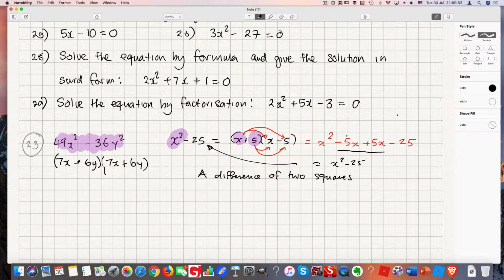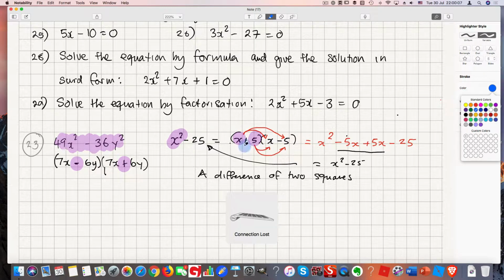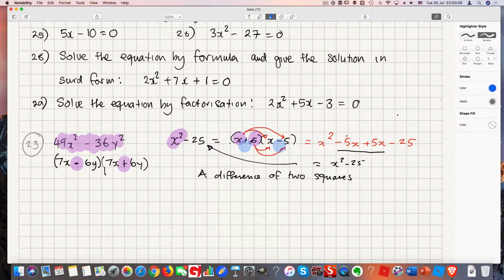The only difference is we have a minus here and a plus here, same as in the earlier example. So the answer to that question, 23, is 7x minus 6y, and then 7x plus 6y.